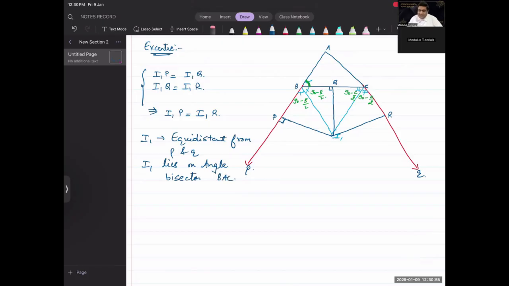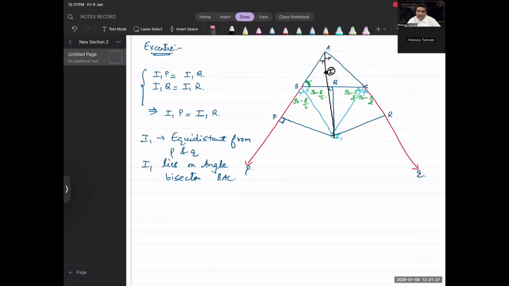That means I can certainly say, guys, that if you draw a line from A, something like this will be I, right? Obviously, Incentre will lie on the angle bisector. I have very clearly now proven it to you that A, I, I1, they all lie in the same straight line. Now, this is the first super duper important thing, guys, that you really need to understand.